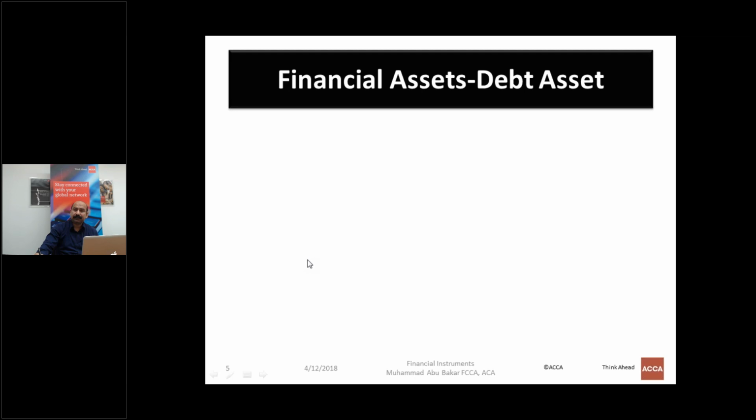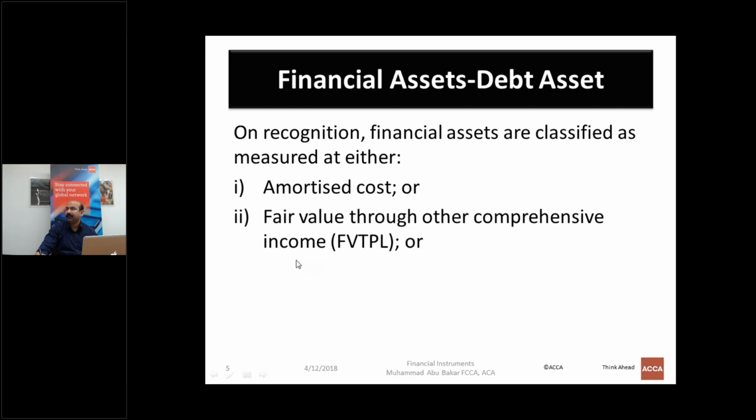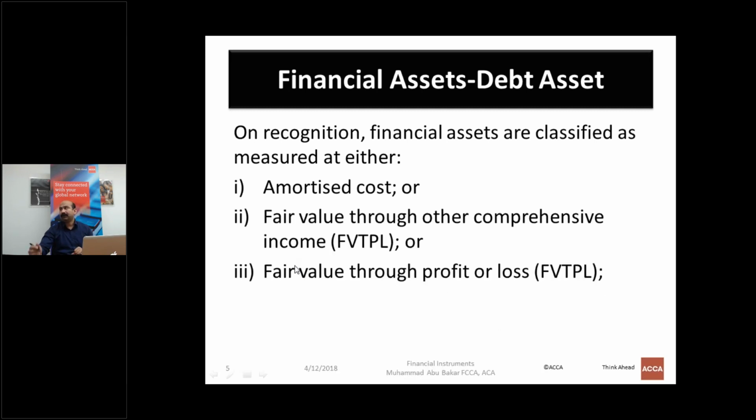On recognition, financial assets that are debt asset are classified at either amortized cost or fair value through other comprehensive income or fair value through profit or loss.